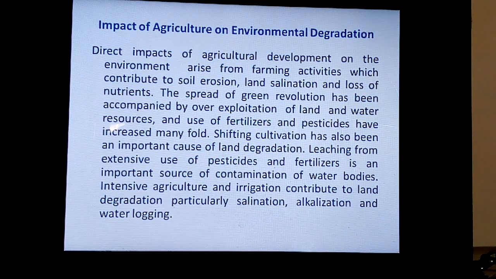Shifting cultivation has also been an important cause of land degradation. Leaching from extensive use of pesticides and fertilizers is an important source of contamination of water bodies. Intensive agriculture and irrigation contributes to land degradation, particularly salination, alkalization and water logging.